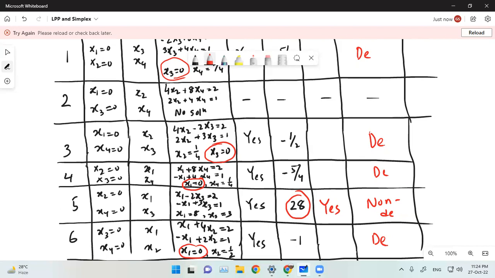We're going to see that whenever there is a degenerate case, there is a possibility of having alternative solutions. Okay, so this is the end of the two additional problems of the linear programming topics.